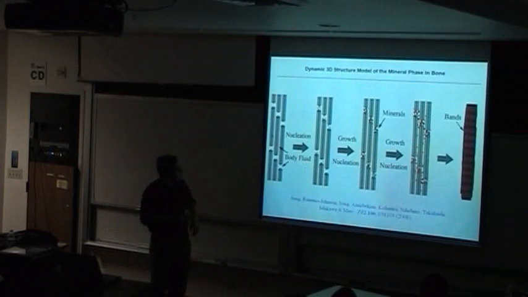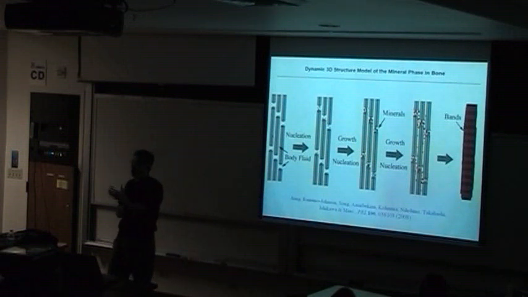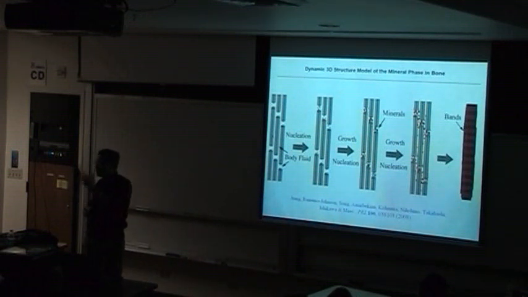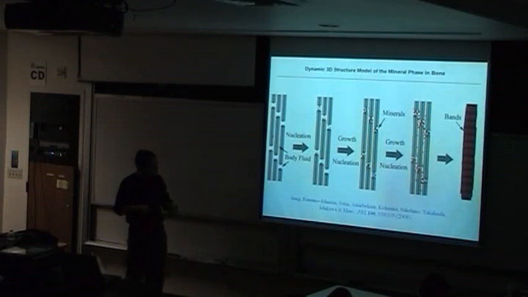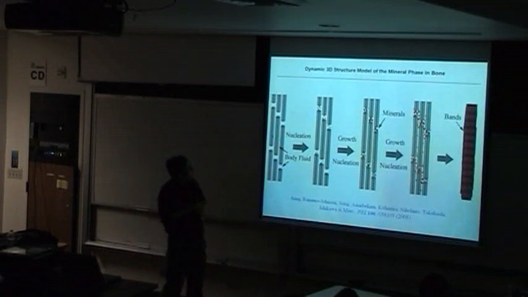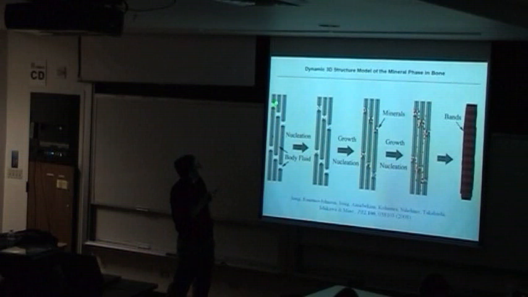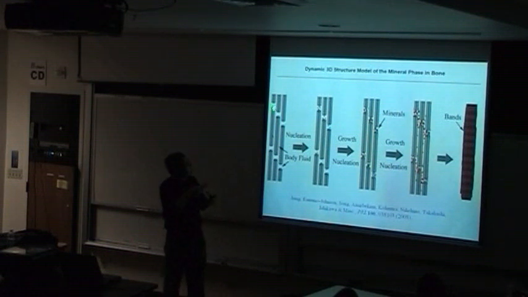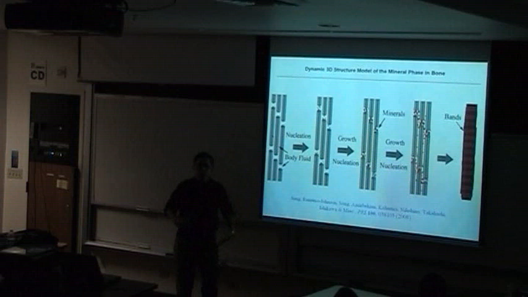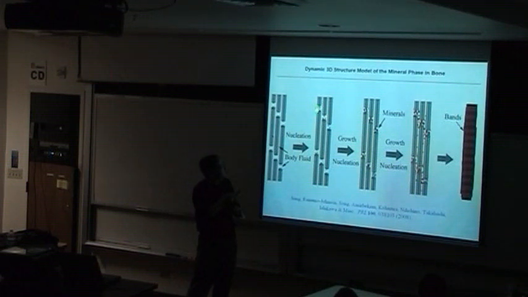Based on this, we did a lot of studies: no mineral bone, low mineralized bone, medium mineralized bone, highly mineralized bone. We proposed a model. At the beginning, in new bone, there are almost no nanocrystals, which is why children need a lot of calcium, to form these crystals and make their bones stronger. Then the crystals start growing in this region.